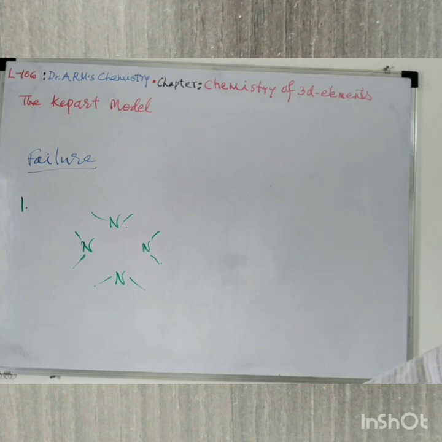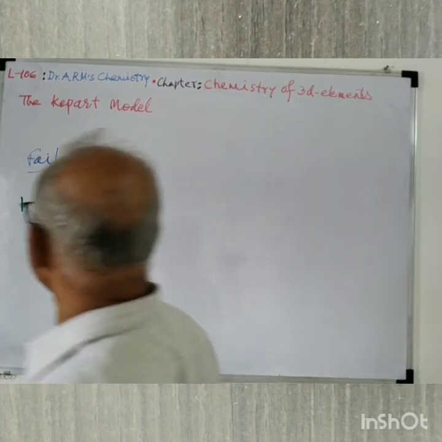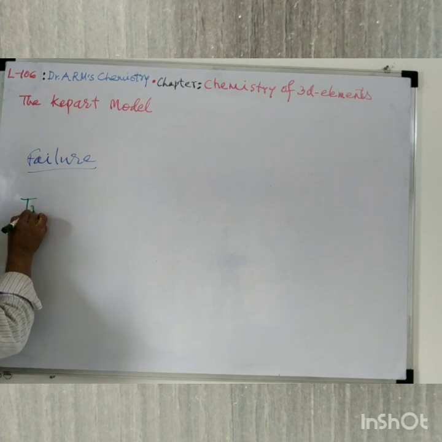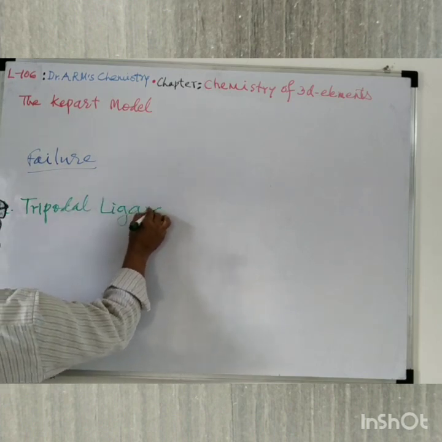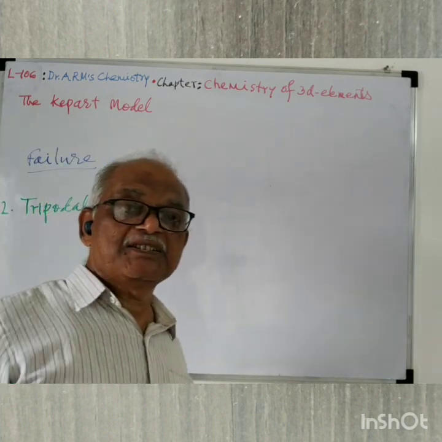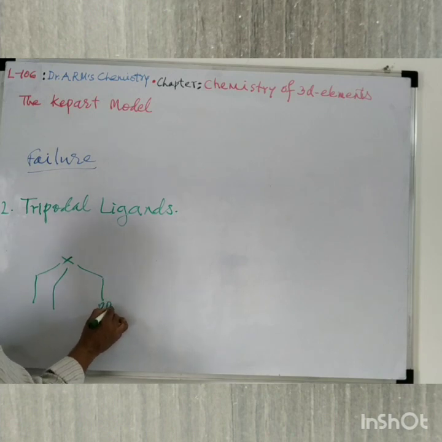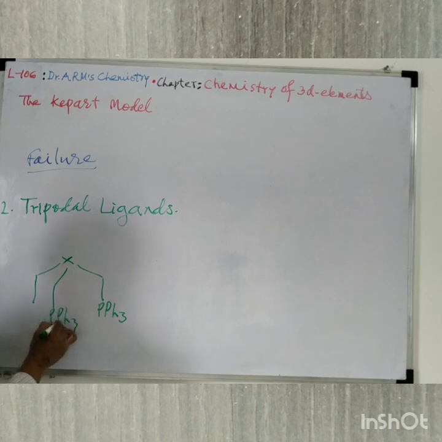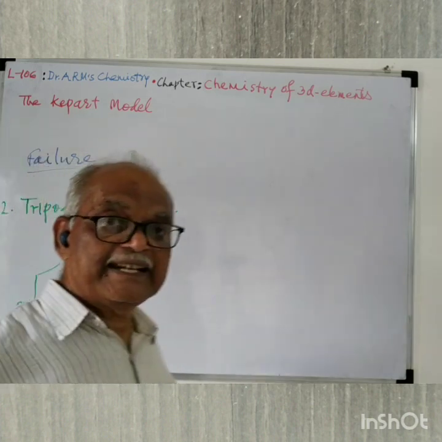Second is tripodal ligands. We can show an example like this, where this is X. So this is a tripodal ligand.